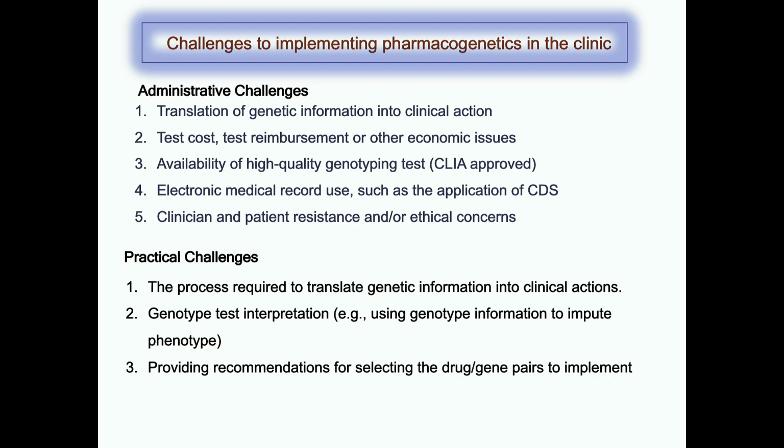Then you are adding an extra cost, because if you need to do this testing, somebody has to pay for it. We also need high quality genotypic testing, and some of these things are more related to the US. But again, the practical challenge is to translate genotypic information into pharmacogenomics information.